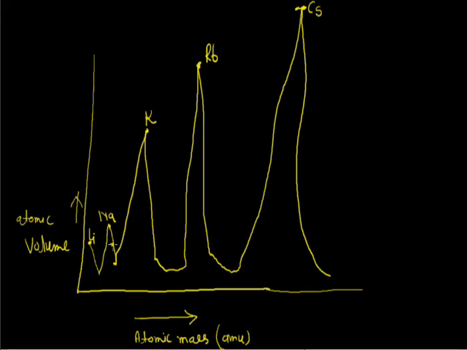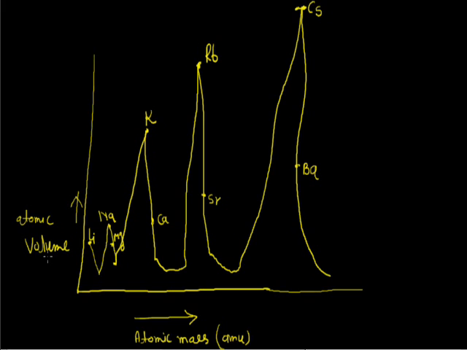Here is magnesium, and here is calcium, and here is strontium, and here is barium. All these are called alkaline earth metals.